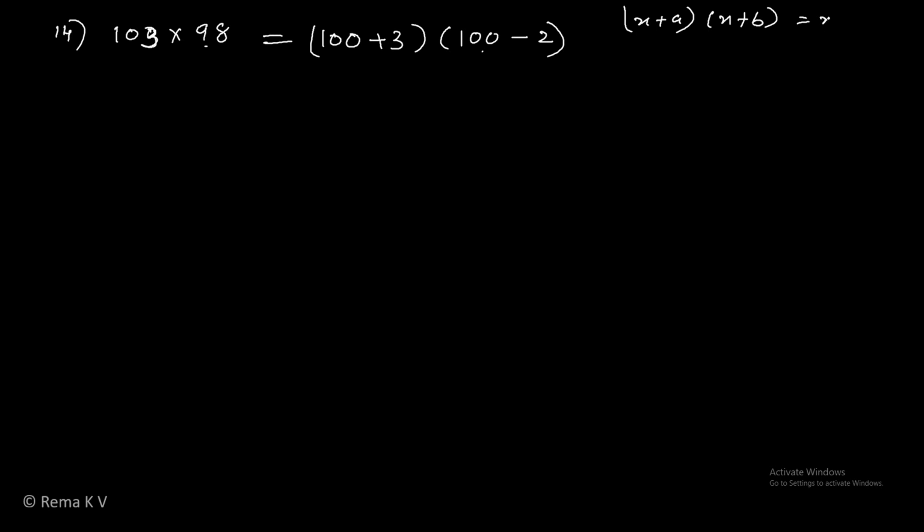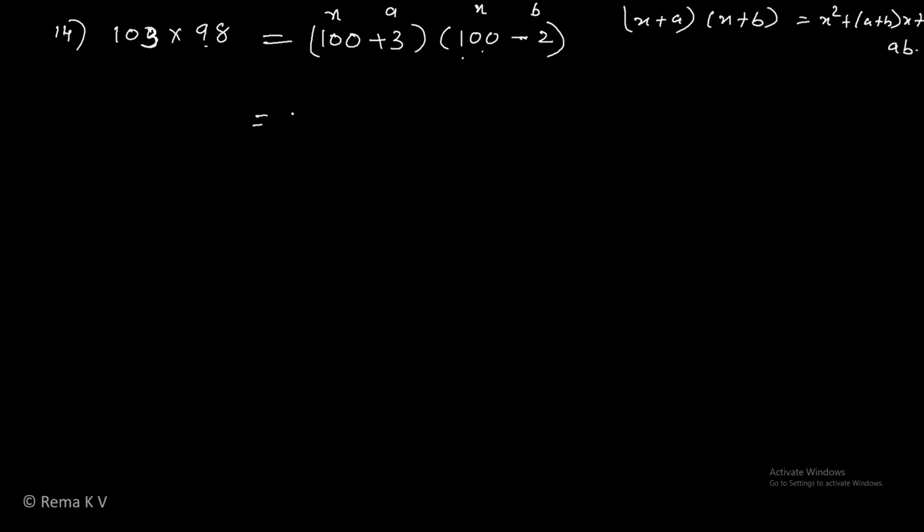This equals x square plus a plus b into x plus ab. Here you have to take care of the sign. A is to be taken as plus 3 and b is to be taken as minus 2.